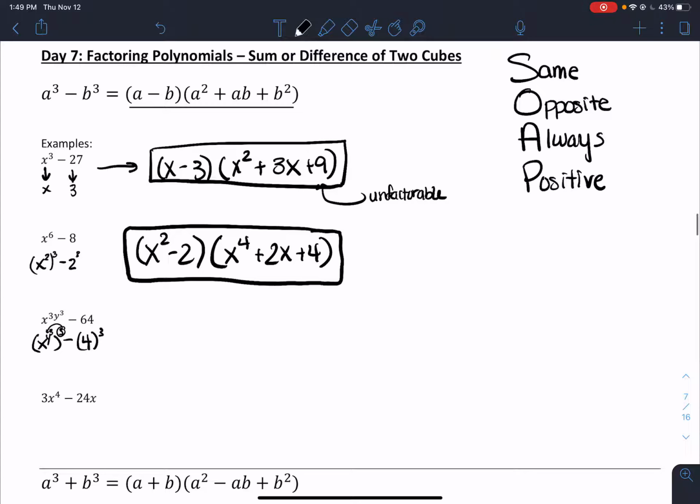So therefore, this would be x to the y cubed minus 4 times x to the 2y cubed plus 4x to the y cubed plus 16.